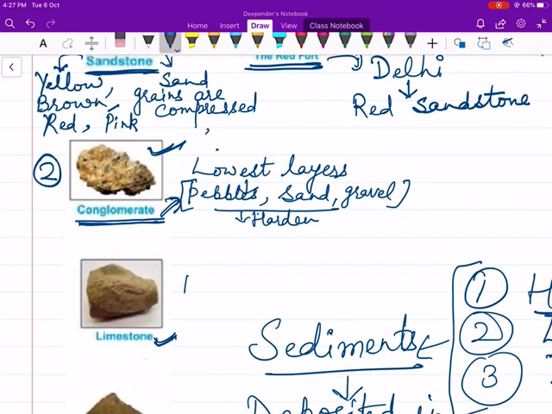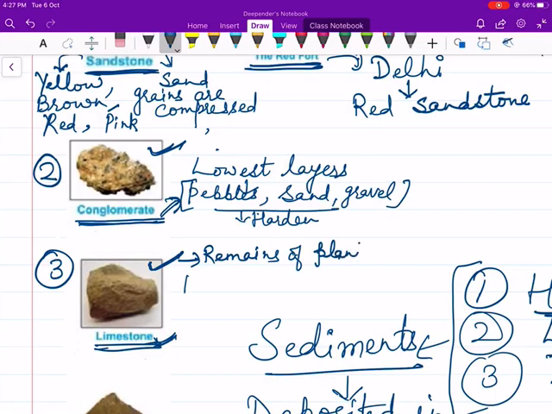If we come to the third one, limestone, you are able to see this limestone. It is formed from the remains of plants and animals.